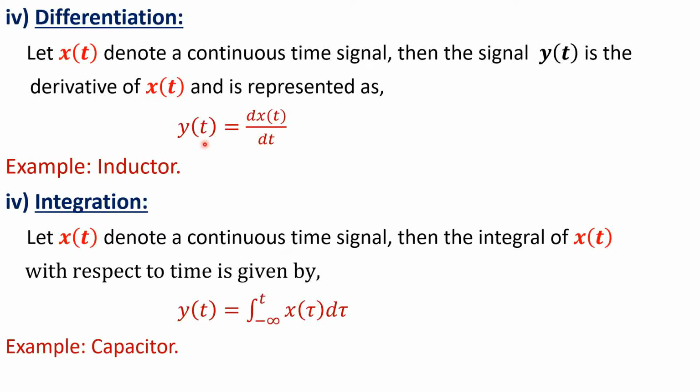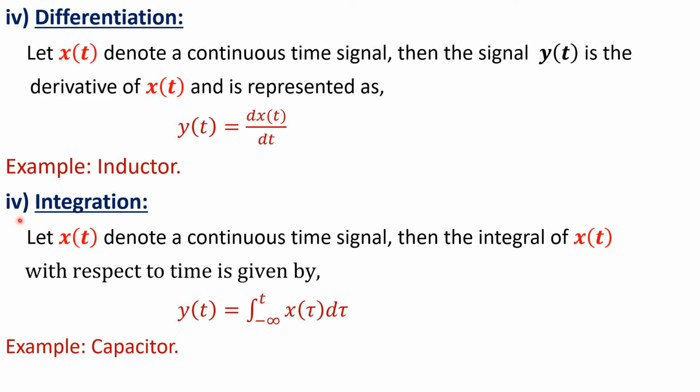That is, y of t is equal to d x of t by dt. Here we can say the inductor is an example for differentiation. As we know, in series RLC circuit, the voltage across inductor is L di by dt, where di by dt is nothing but the differentiation of the current, where current is a continuous time signal.